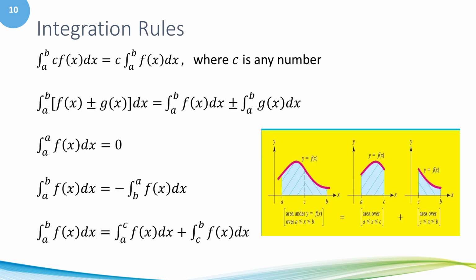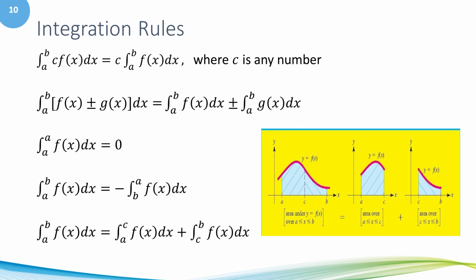Here are a few rules of this integration. The first two are similar to the linearity of indefinite integral, while the three below are unique to this definite integral. The first one is, if the lower limit and the upper limit of the definite integral are the same, then it is 0.